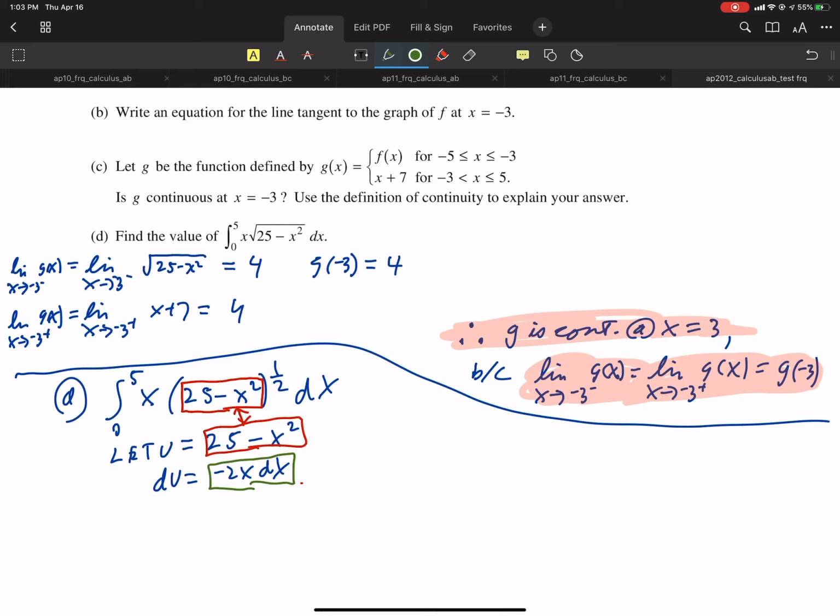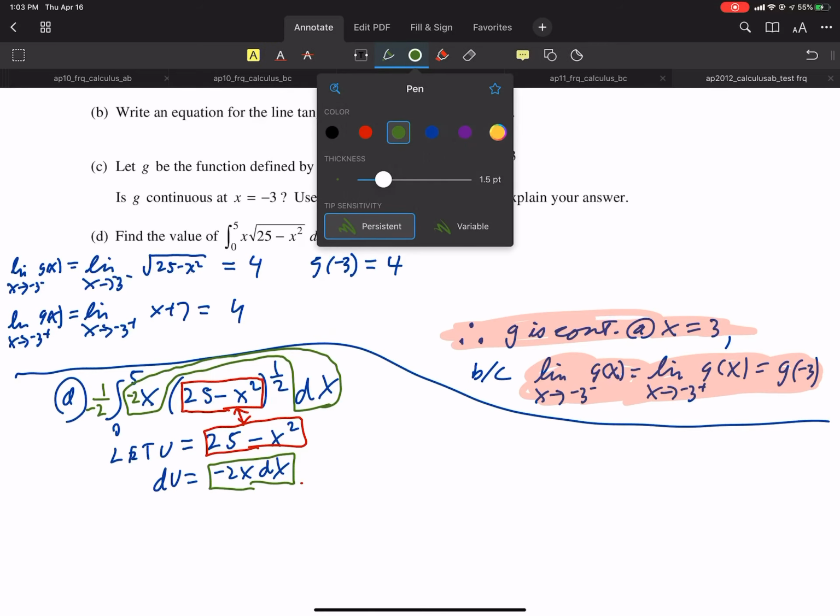We want that up here. But we see that we don't have that. So how can we get it? We're missing a -2. So we put a -2 there, and in front, 1 over -2. So basically, we didn't change anything. And now we're ready to move on.